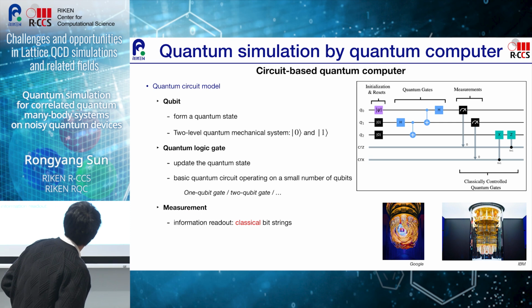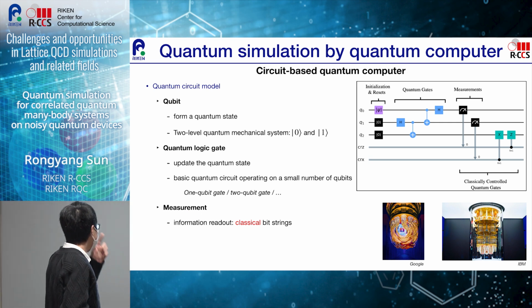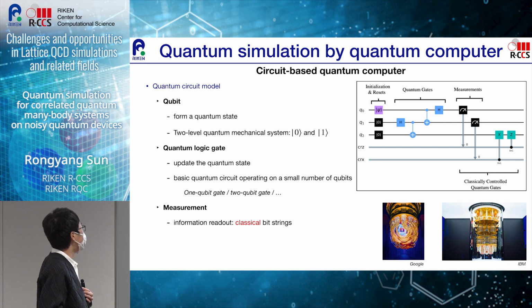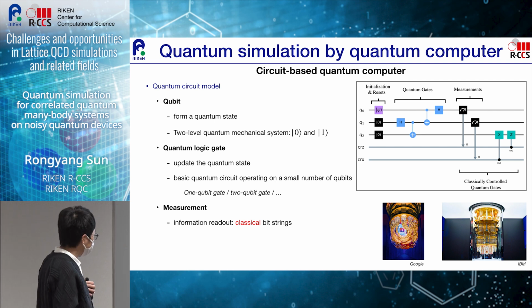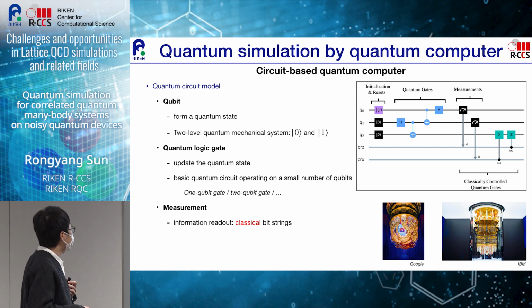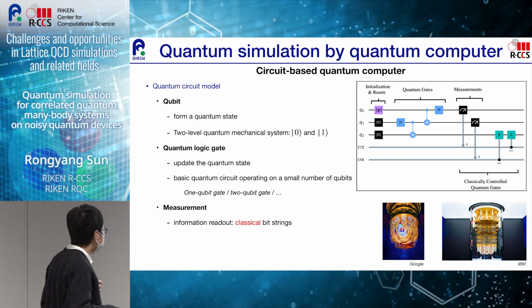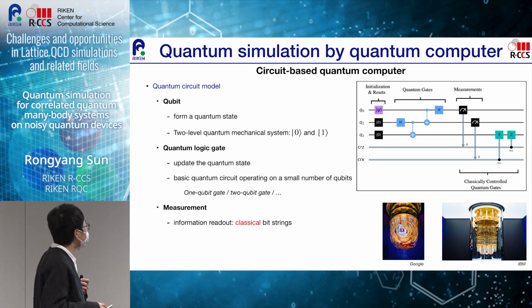The mainly used quantum computer currently is the circuit-based quantum computer, which can be described using the quantum circuit model. In the quantum computer, we have a quantum state formed by qubits, and each qubit is a two-level quantum mechanical system with states 0 and 1.